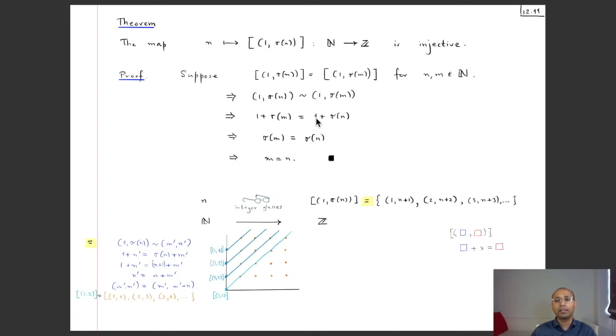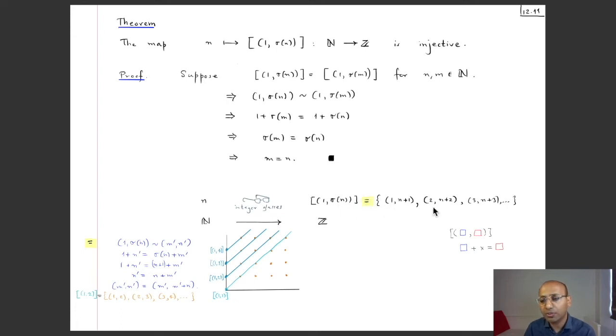Now the 1 cancels on both sides by the addition cancellation law, and you get sigma m is equal to sigma n. But the successor function sigma is injective, and so we conclude that m is equal to n. So if the images of n and m under this map are the same, then m has to be equal to n.